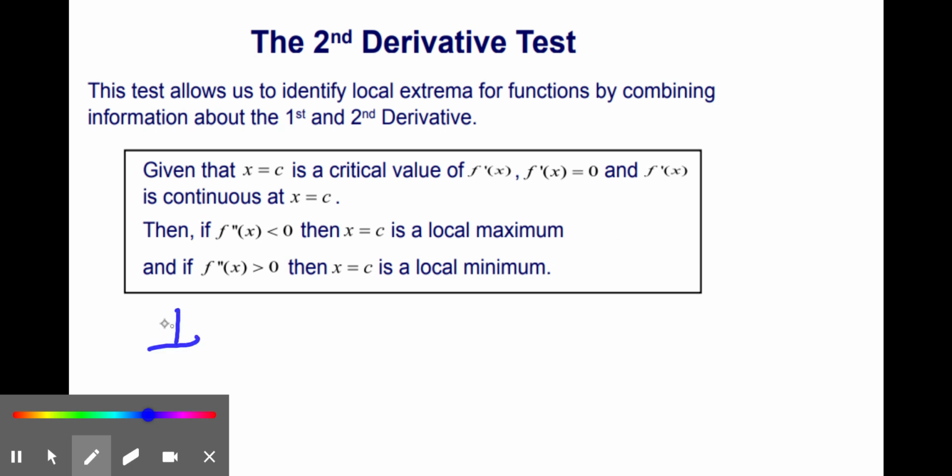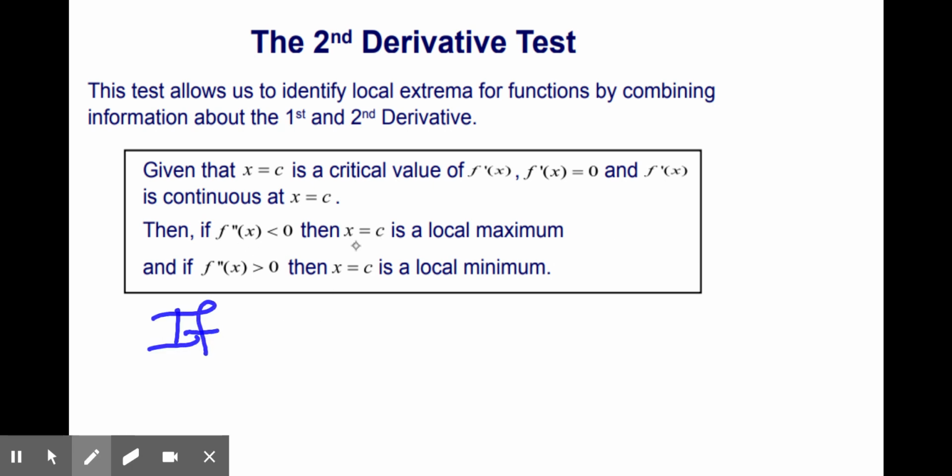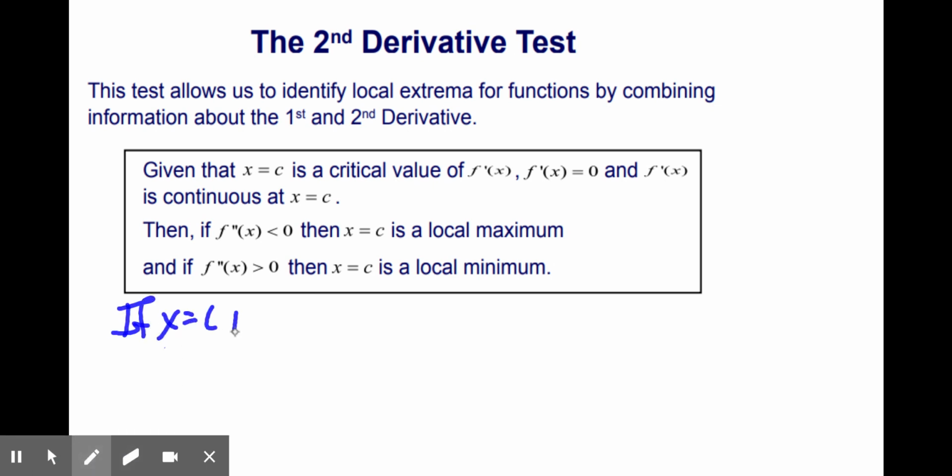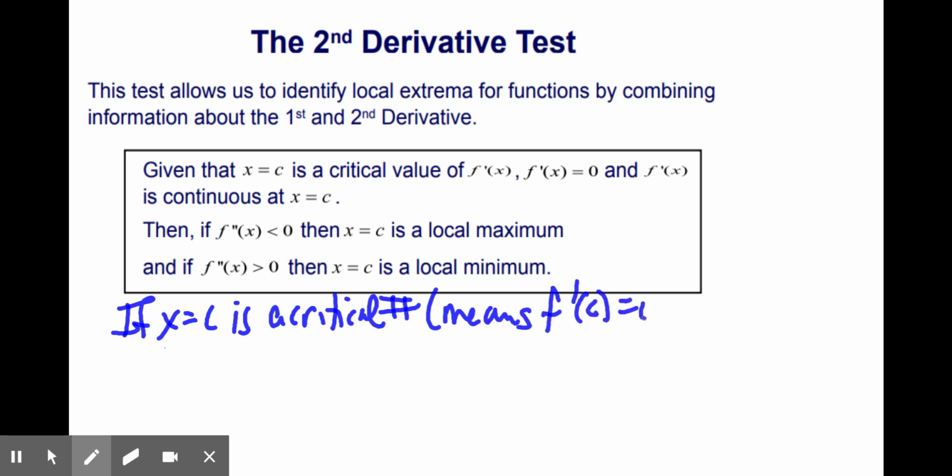I think it's a little more clear if we put it like this. If x equals c is a critical number, that means that f prime of c has to equal 0.